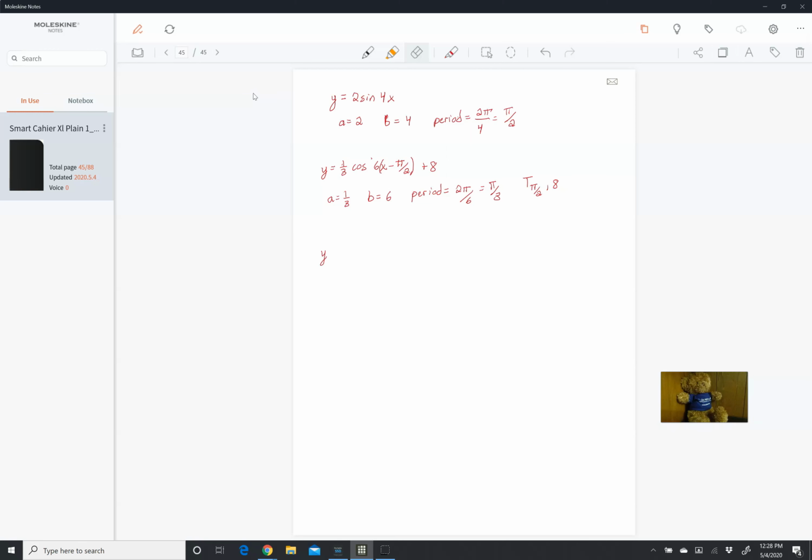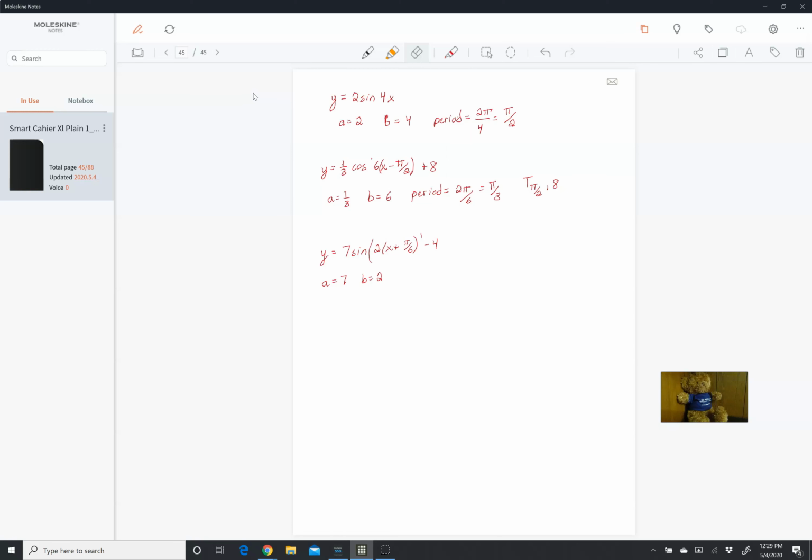Notice that cosine makes no difference. If we have y equals 7 sine of (2x plus pi over 6) minus 4, this is saying the amplitude is 7, the frequency is 2.